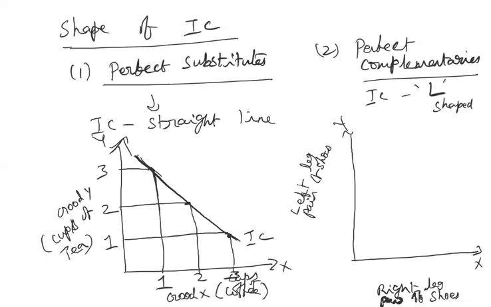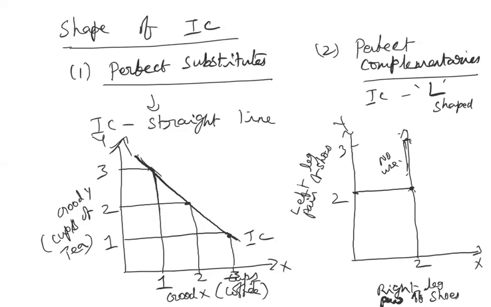If you have two pairs of shoes for the left leg, then you need two pairs for the right leg also, isn't it? Suppose you have three pairs of left shoes and only two for the right leg. The extra is no use for you, isn't it?